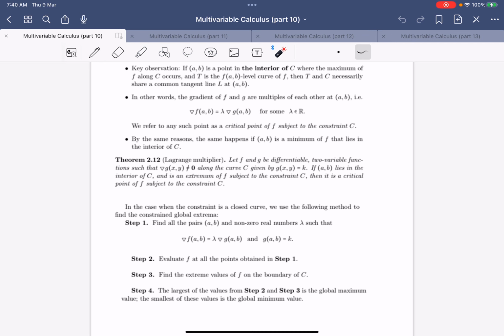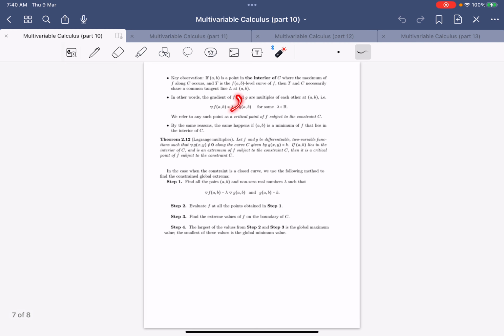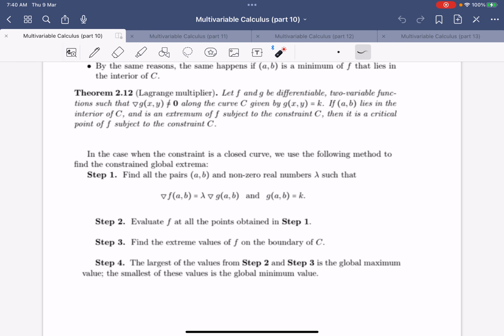And when you are able to solve for the constraint under this condition, then you'll be able to find the extreme values in the interior. So if the point lies in the interior and the extreme value is subjected to the constraint, then it is a critical point of f subjected to the constraint.